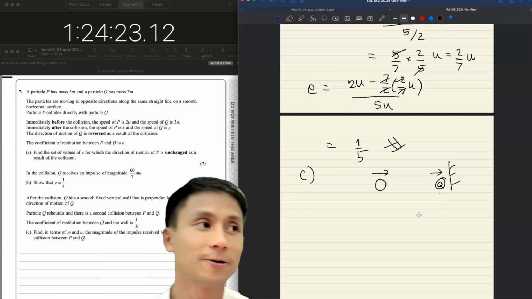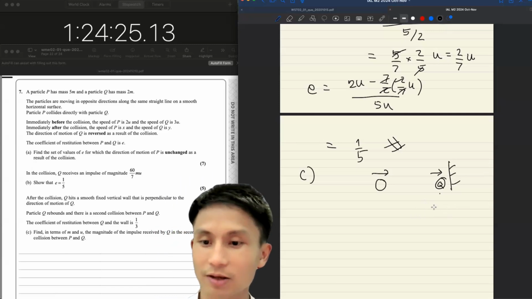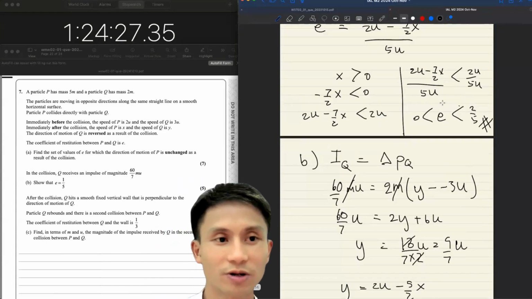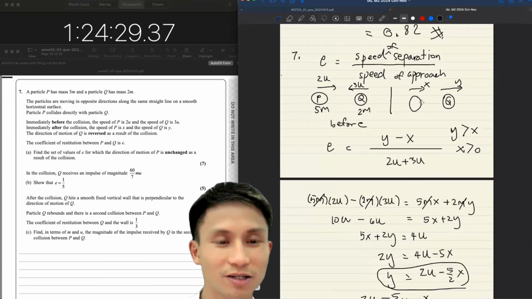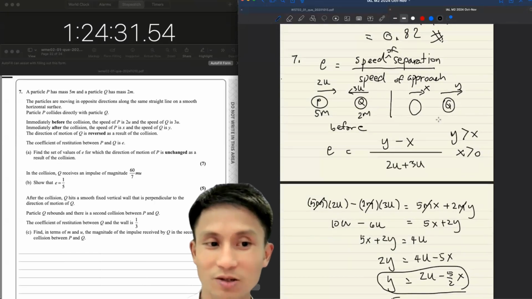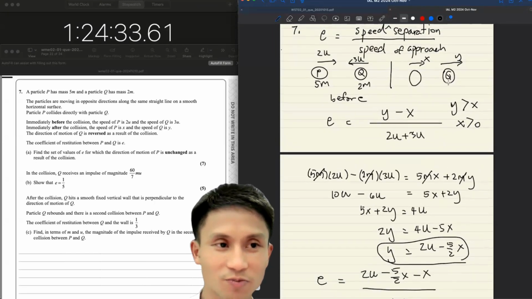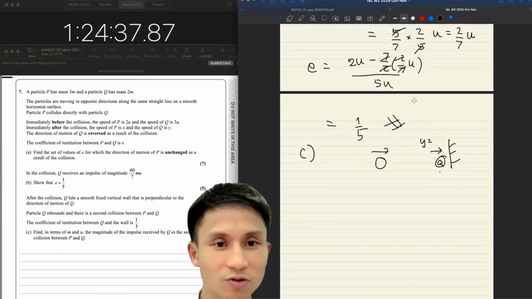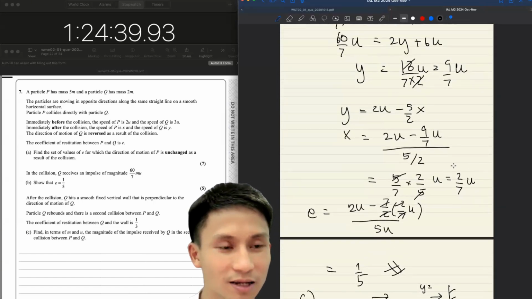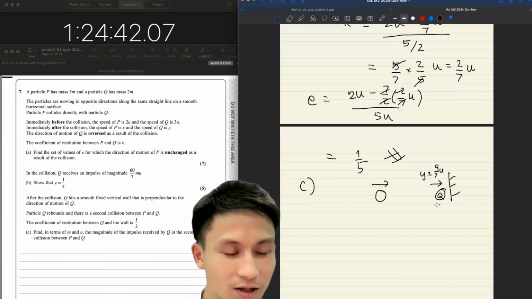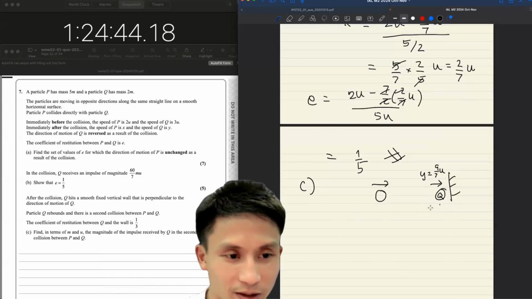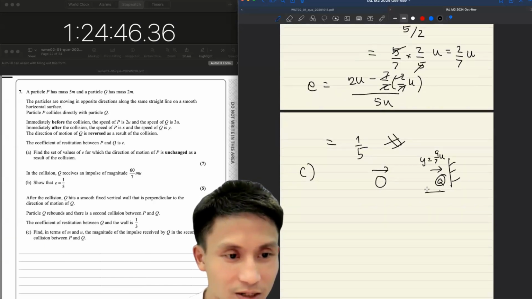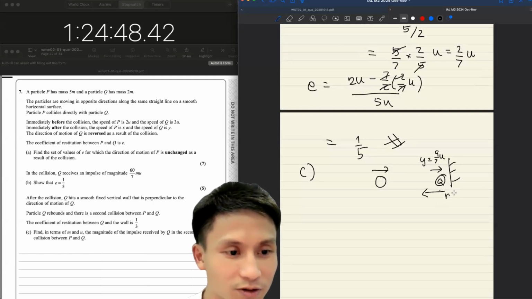So after Q is hit by P in the first collision, the speed is y. Okay, so speed is y before collision because y here is equal to, what's the y again? 9 over 7u, right?